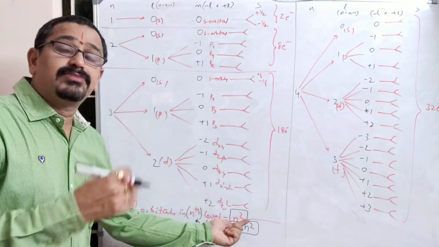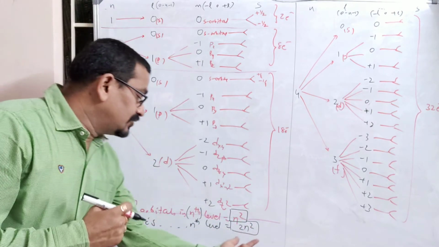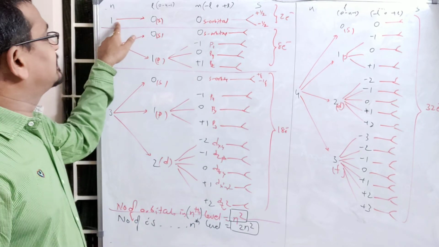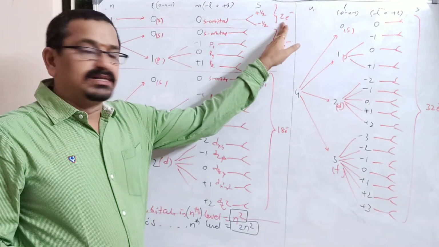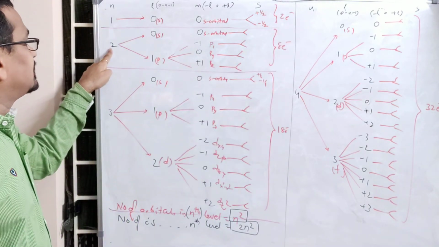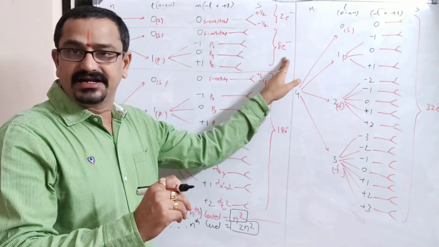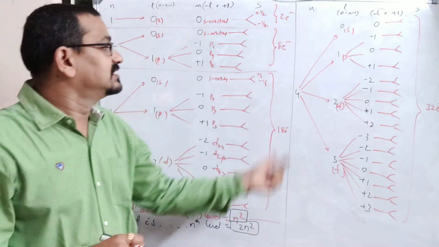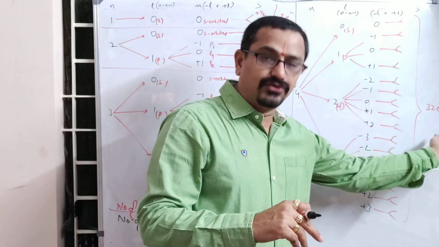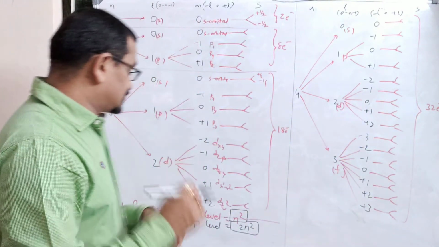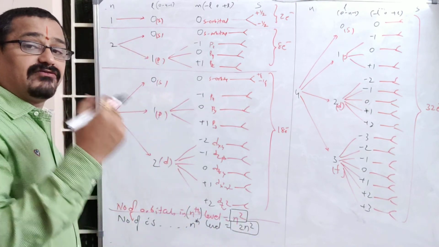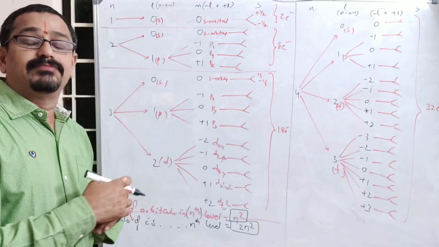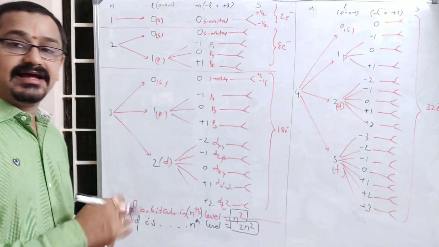The first main energy level has 2 into 1 square, 2 electrons. The second main energy level has 2 into 2 square, 8 electrons. The third main energy level has 2 into 3 square, 18 electrons. The fourth main energy level has 2 into 4 square, 32 electrons, like that. So once again, n square indicates the number of orbitals in the nth level, and 2n square indicates the maximum number of electrons that can be filled in the nth level. Understood?